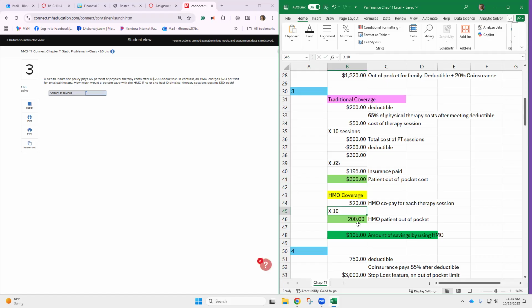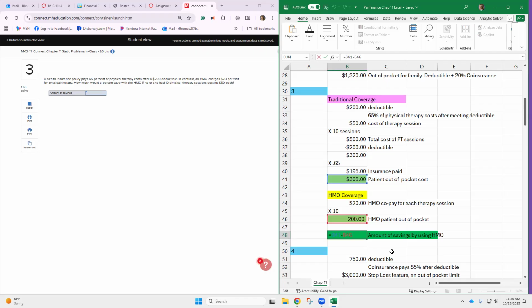If you go 10 times, that's $200 to the insured or the patient. For the traditional, you would have paid $305, if I've got my figures right, because that would have included the $200 deductible and then the 35%, because this is what insurance will pay.